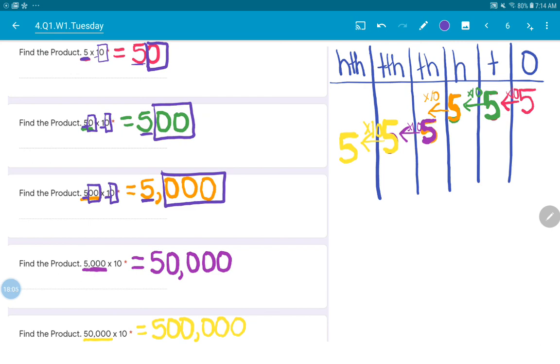Let's check 5,000. 5 times 1 is 5. Here's 3 zeros plus 1 more 0. So there's 4 zeros total in my multiplication problem. So in my product, I also have 1, 2, 3, 4 zeros.